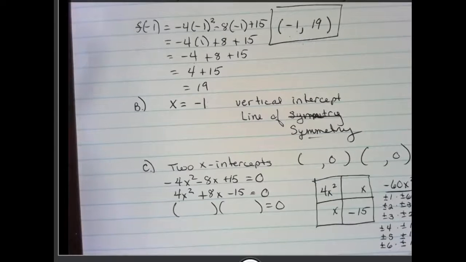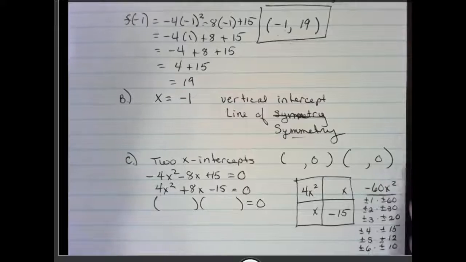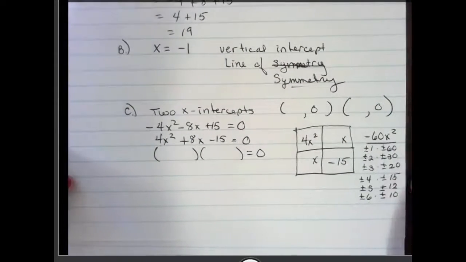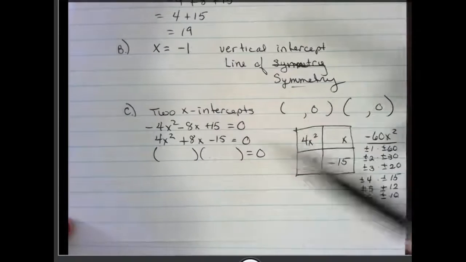And we could try, will 7 go into 60? And we could try 7, 8. Of course, we already did 10, and none of those are going to give us a pair that will multiply and give us a -60, but not add or subtract to give us an 8.